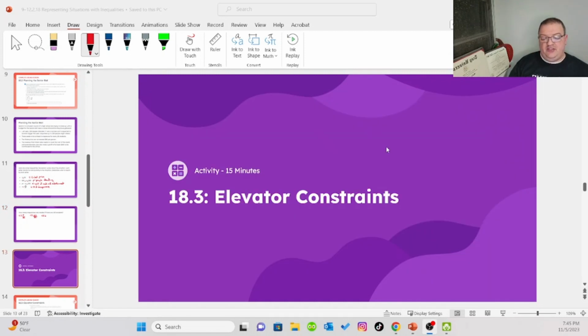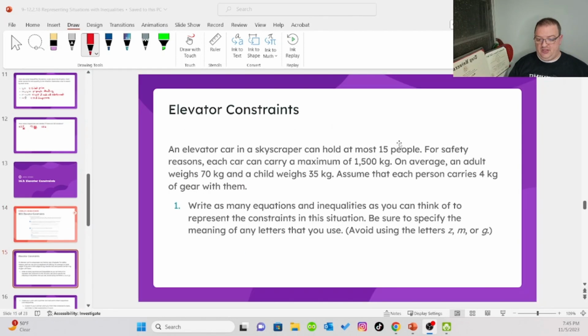Our next activity should take about 15 minutes. This is activity 18.3, titled Elevator Constraints. An elevator car in a skyscraper can hold at most 15 people. For safety reasons, each car can carry a maximum of 1,500 kilograms.